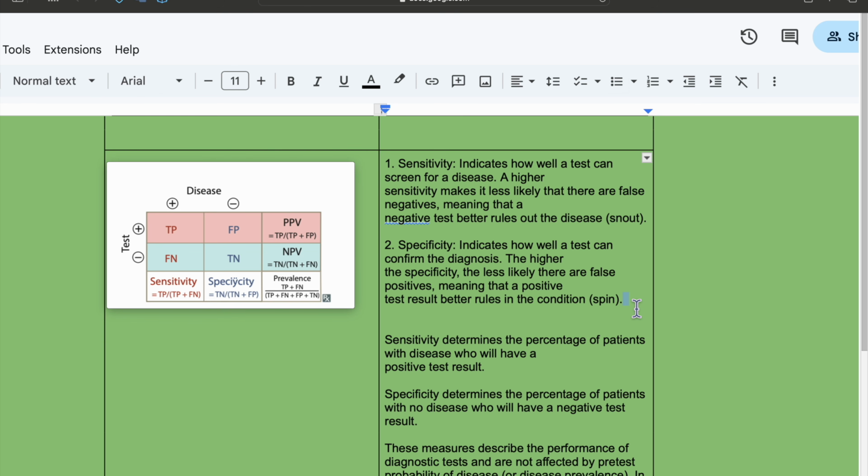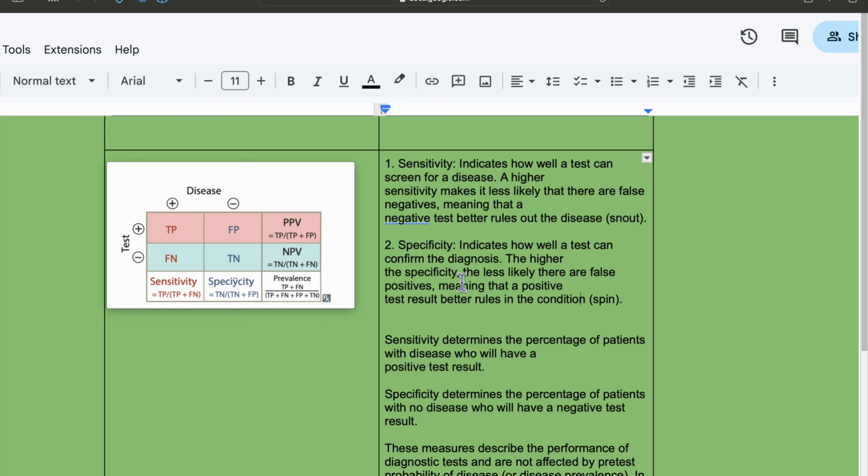Not sure if that one gives ANA too, but anyways, you get the gist of it. So with ANA, we use sensitivity to figure out if there is a condition that is related to them. If we get that, then we zone in on specific tests, and that's how we rule in the disease, right? So it indicates how well a test can confirm the diagnosis.